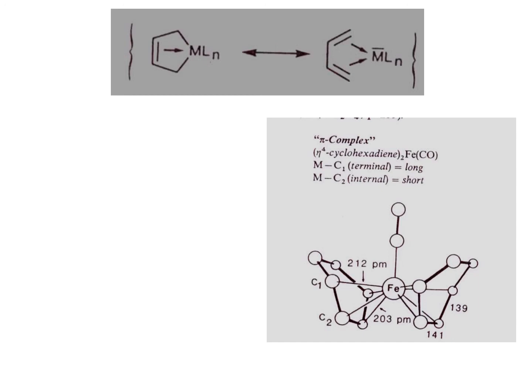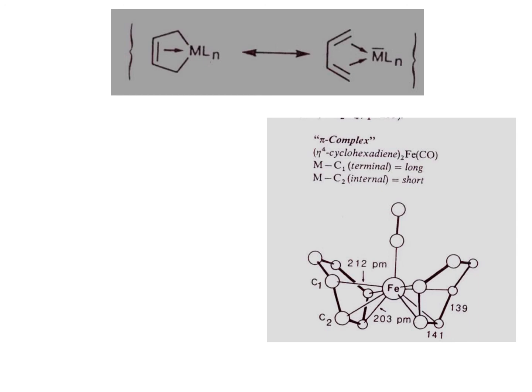In this molecule which I have pictured for you, it's very clear that all four carbon atoms are not interacting equally with the iron atom. There is a slight change in the bond distance. The terminal atoms are further away from iron. Partly this is due to the fact that there is a CH2 group here and a CH2 group here in the cyclic system, which is repelling the iron.